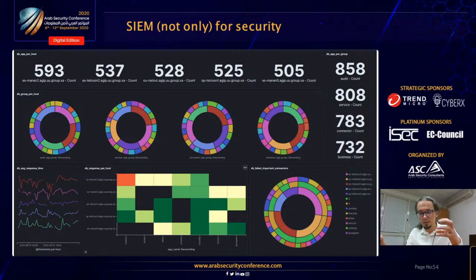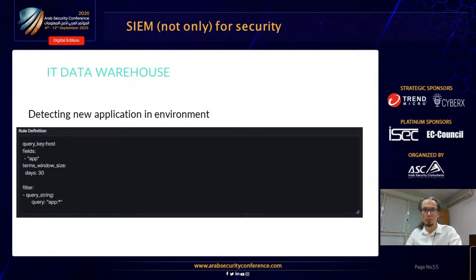So we gather information from many sources, from databases, from applications, and so on, to build the whole warehouse. And to monitor that, we can use, for example, detecting a new application in the environment.